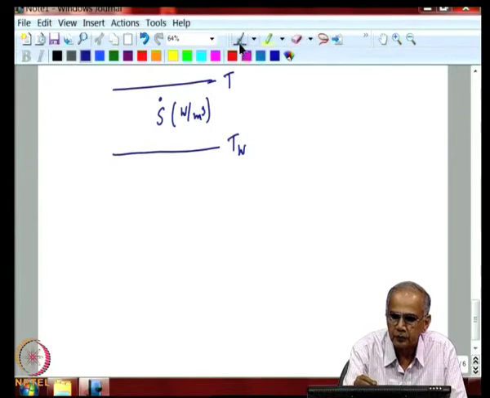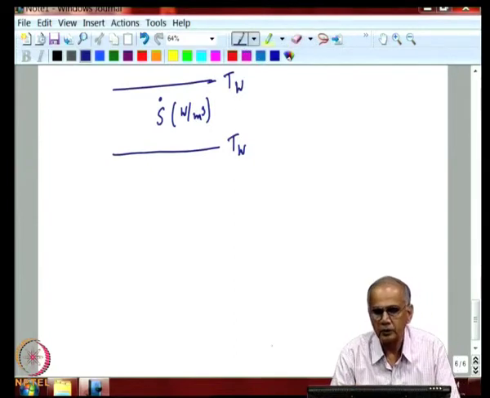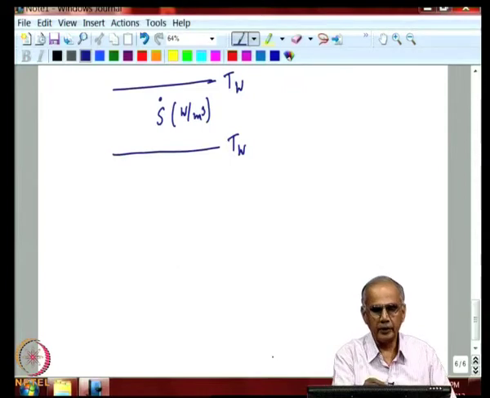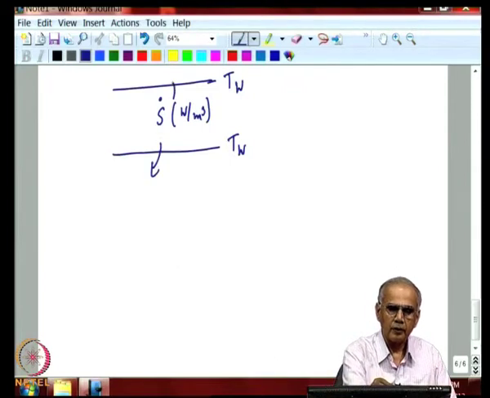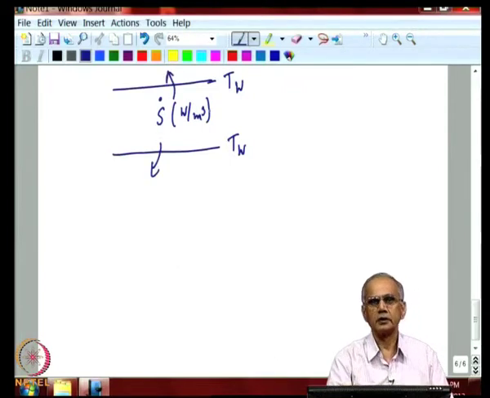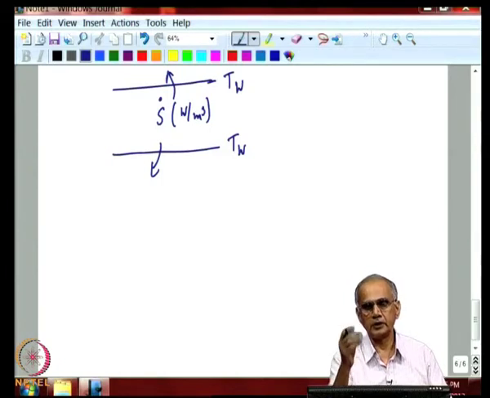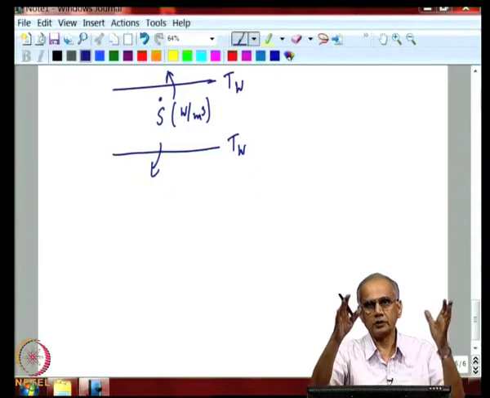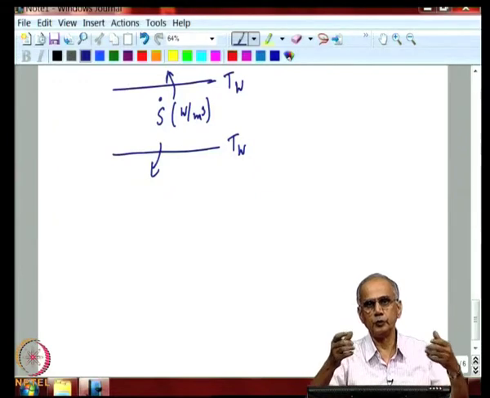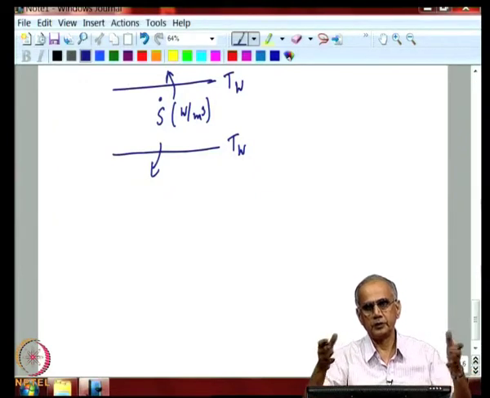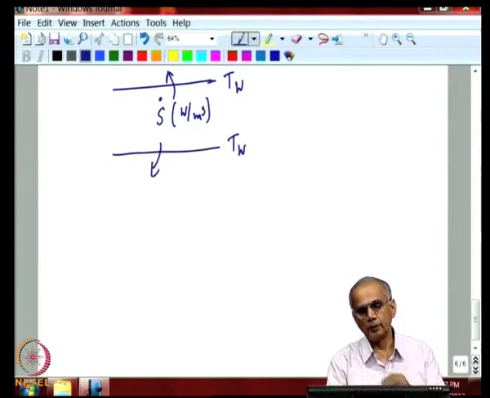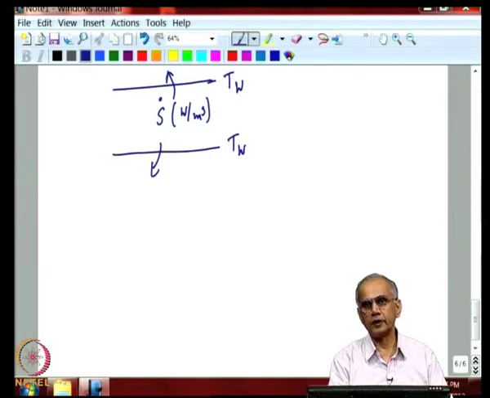So, you have two walls at the same temperature, removing the heat while the furnace is where the heat is generated. Now, this is a very simple representation of a real furnace where heat is released by combustion, and the walls are the places where heat is removed by flowing water, which is maybe a boiler, maybe the water wall of a power plant furnace or a superheater or some other place.